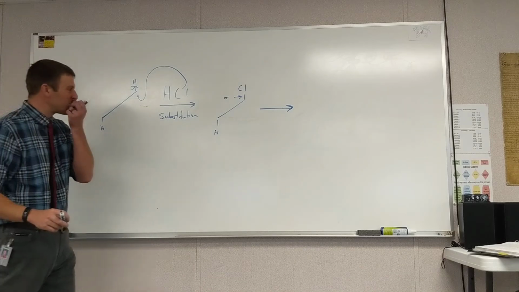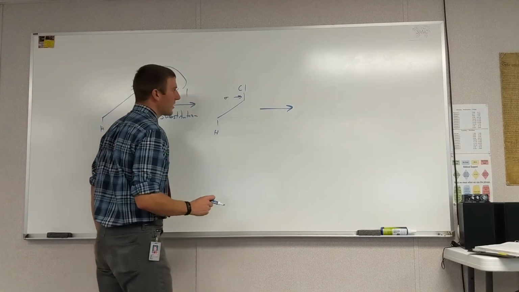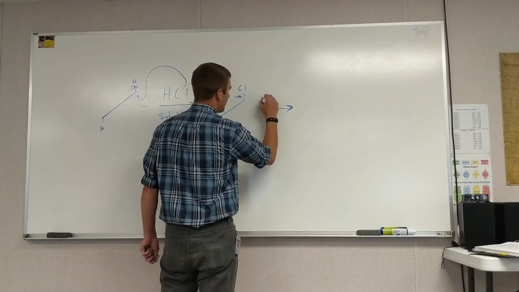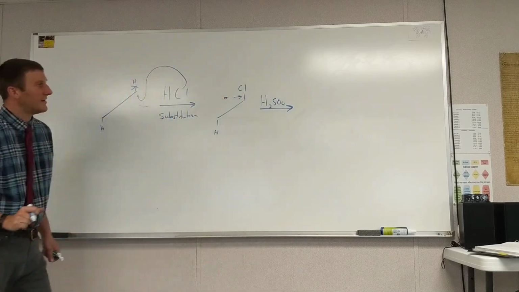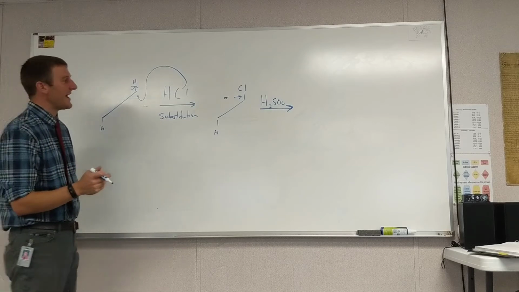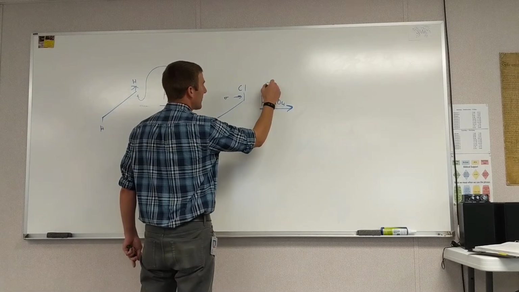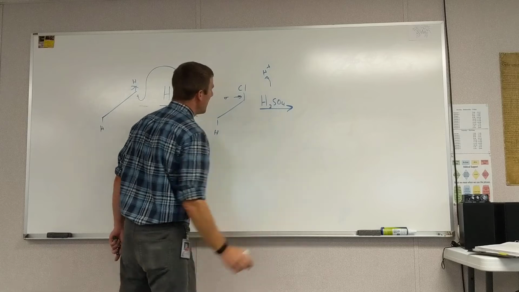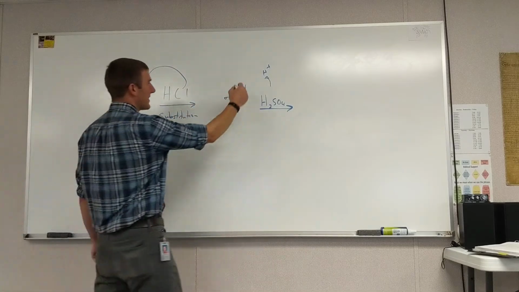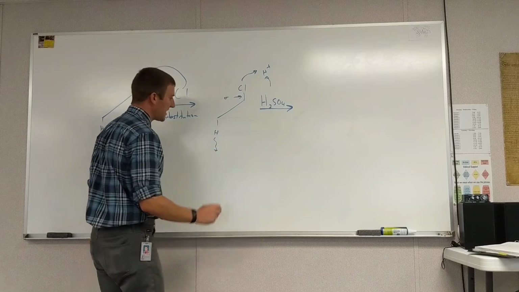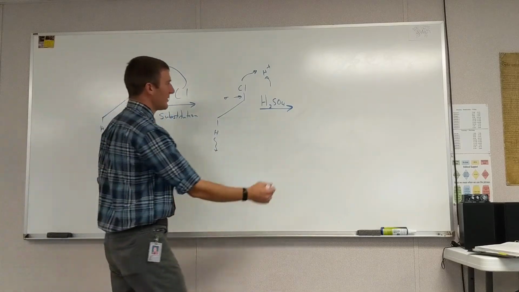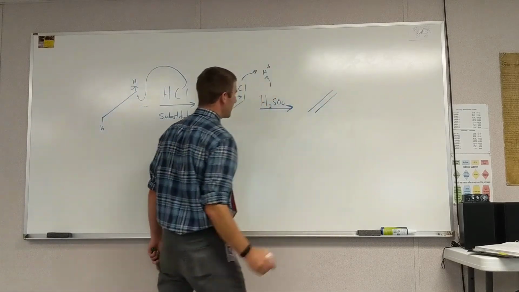So how do I get that to occur? Well, let's react it with sulfuric acid. That acid, remember, releases protons. That proton could cause this chlorine to leave. And when that chlorine leaves, this proton could then leave, and then I would produce ethene.